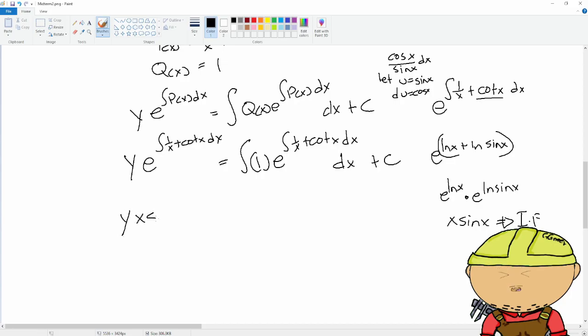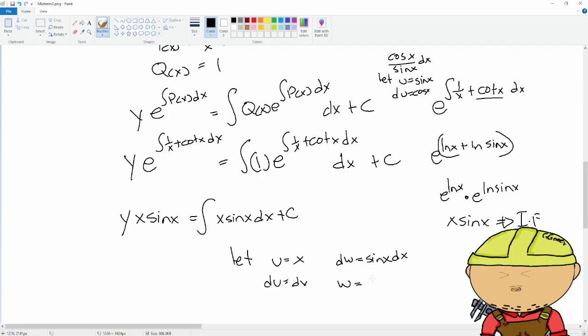So y x sine x is equal to the integral of x sine x dx plus c. This is an example of integration by parts. Let u is equal to x, du is equal to dx, dw is equal to sine x dx, w is equal to negative cosine x.